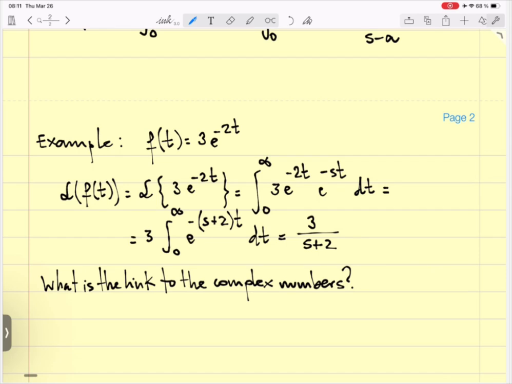We saw by Euler that e to the j omega t equals the cosine of omega t plus j sine of omega t.